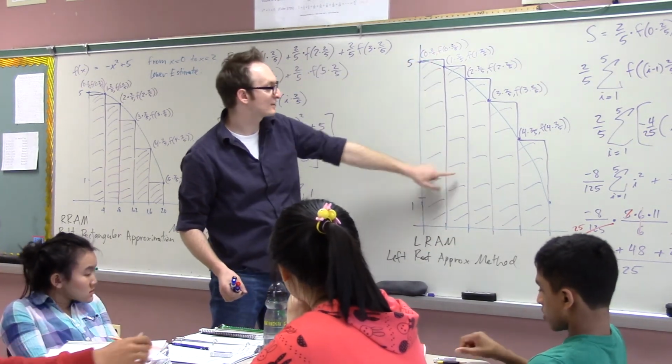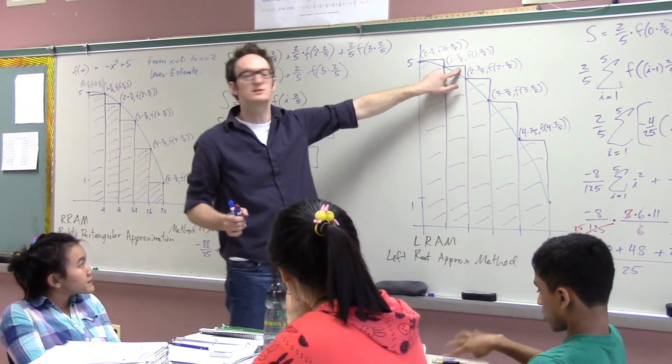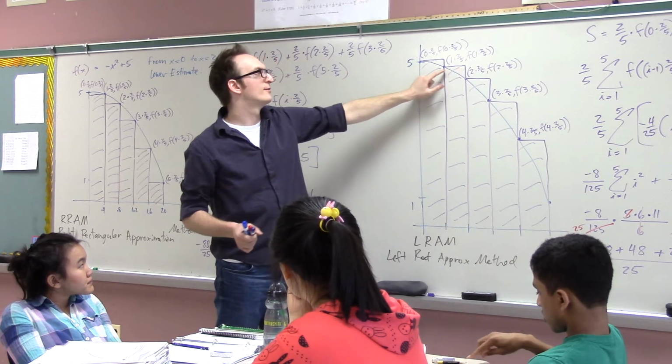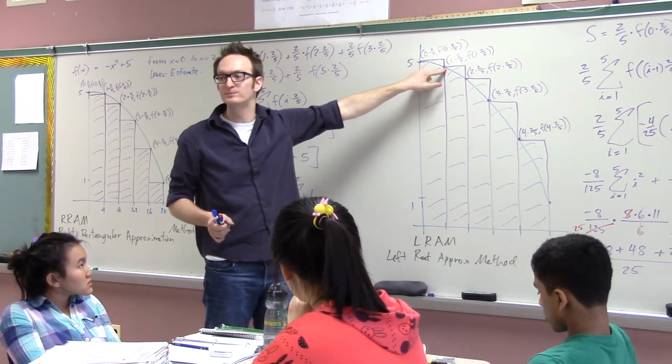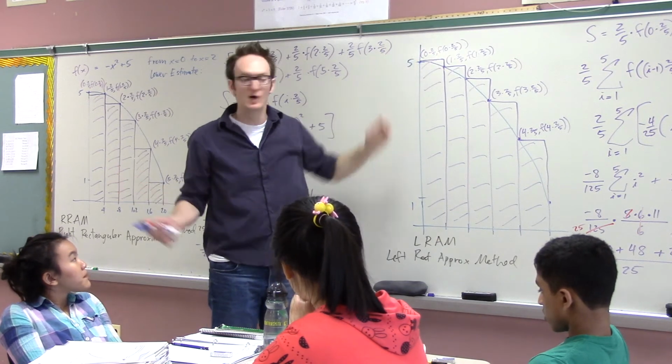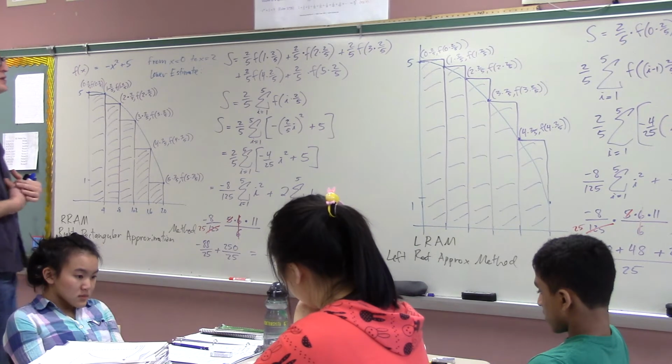For any particular subinterval, the height of the rectangle is determined by the value of the function at the left endpoint of the subinterval. Sound good?